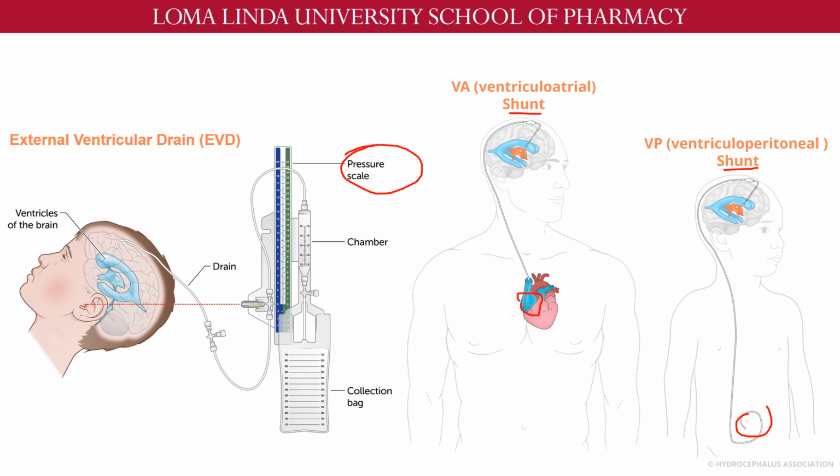But as you can see, if you put it in these sites, you also have bacteria living at these sites, so you may see these patients having a sort of reverse mechanism. These bacteria will migrate up towards the brain, and this is where we start getting our healthcare associated CNS infections.